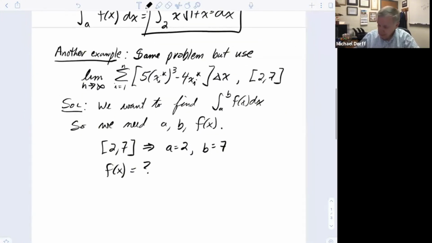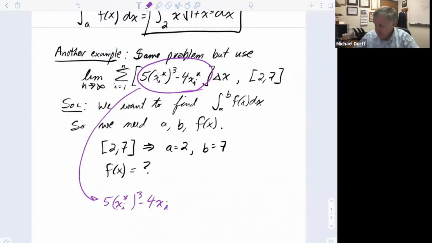This part here, 5 x sub i star cubed minus 4 times x sub i star, is going to be f of x sub i star, because that comes from comparing the limits, just like we did in the previous problem.